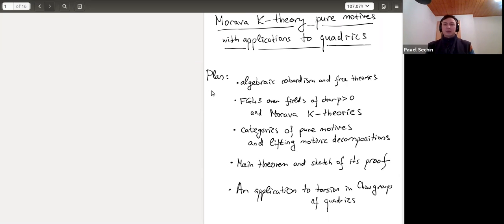And after that, there will be this main result and its proof. And in the end, there will be one small application to torsion and Chow groups of some quadrics.